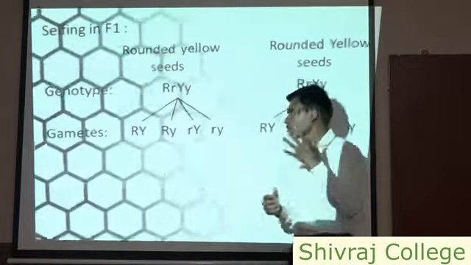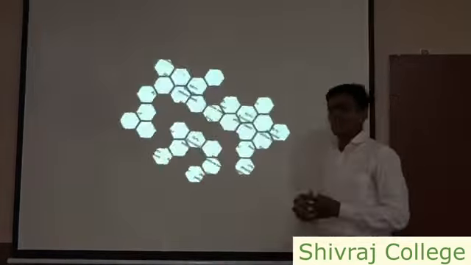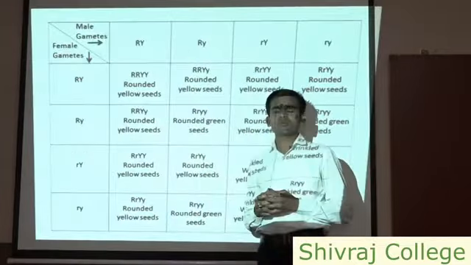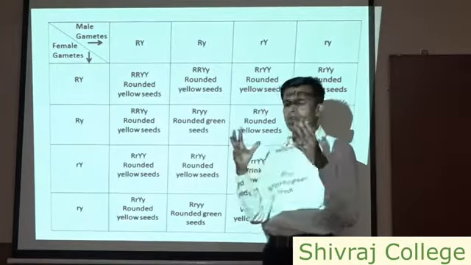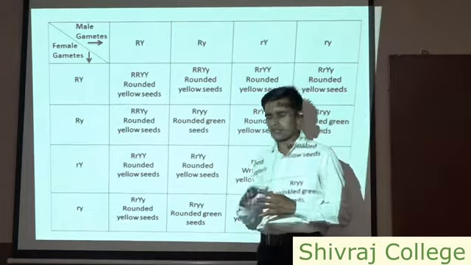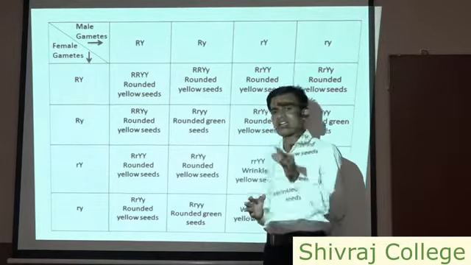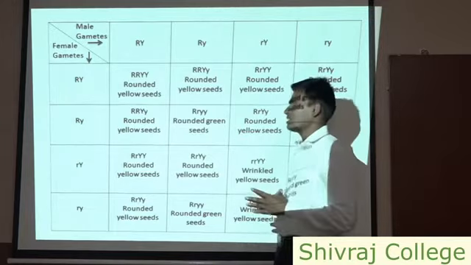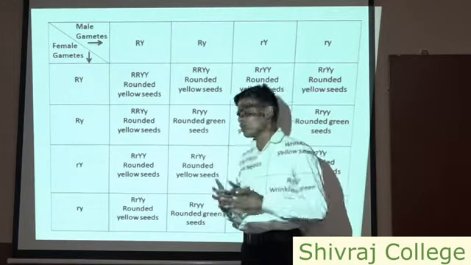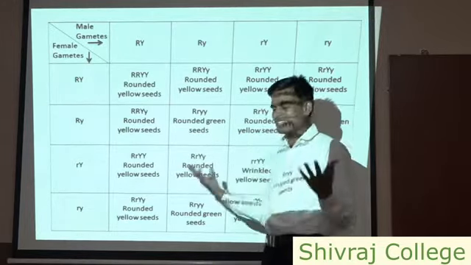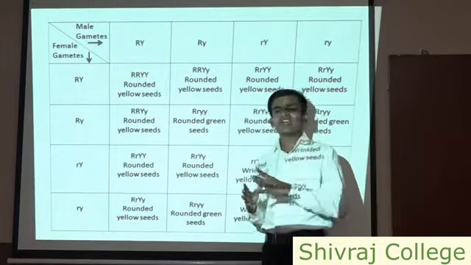Next, these gametes subsequently fuse together in fertilization. We call this the second fertilization, leading to the second filial generation. This second fertilization is represented in a Punnett square.